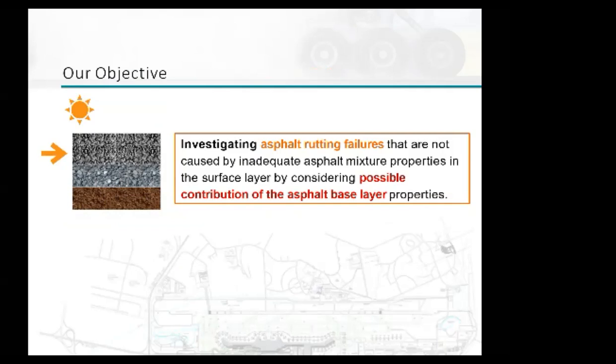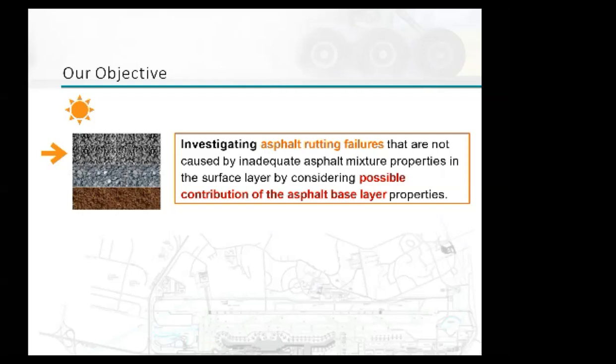In a lot of rutted runways and taxiways, surface layers are intact. So we need to consider why the asphalt intermediate layers and base layers at times themselves contributed to the majority of the rutting.